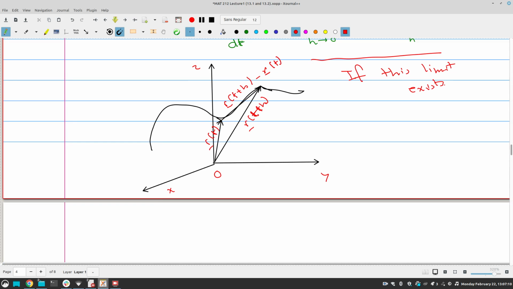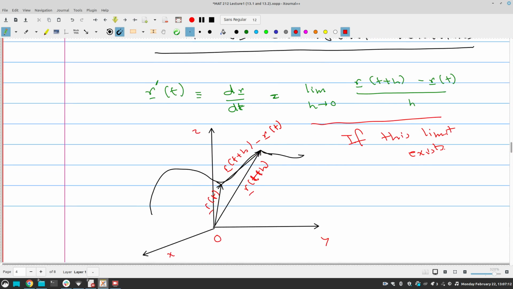Now, you know from your studies of single variable calculus that as h goes to 0, this secant is going to become a tangent, right? So r prime of t is going to be the tangent vector to the curve.